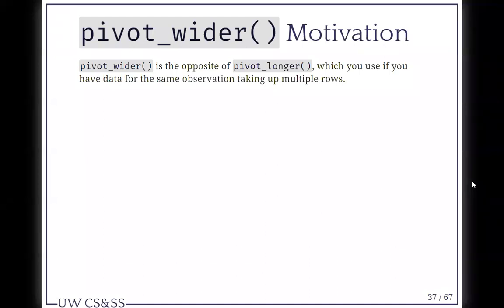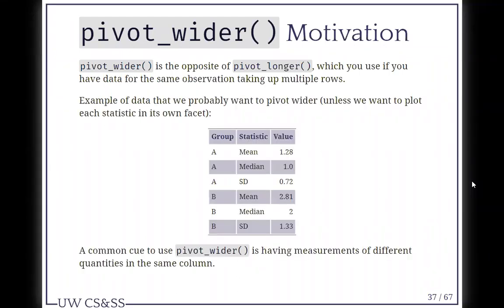But here's an example of when you might want to use this. When you have data for the same observation that's taking up multiple rows. So this is an example of data that we might want to pivot wider, unless we wanted to plot each statistic as its own facet for some reason. And so here we have our statistic column, which has the mean, the median, and the standard deviation.